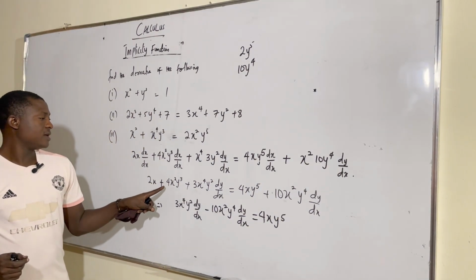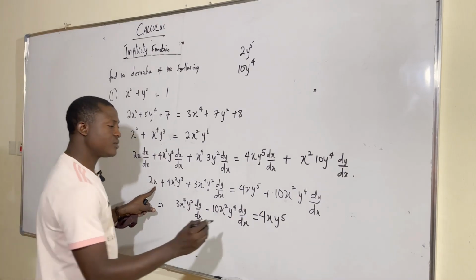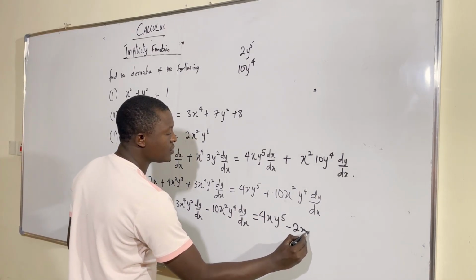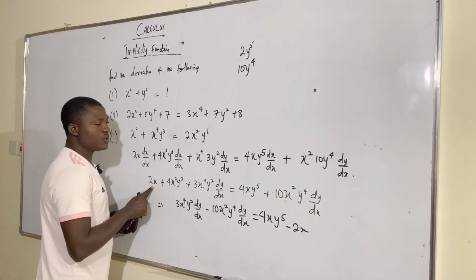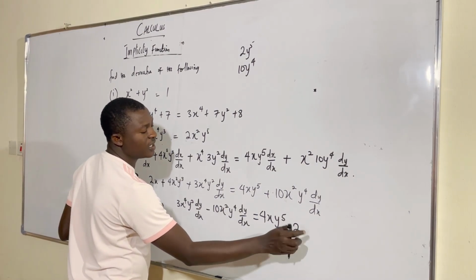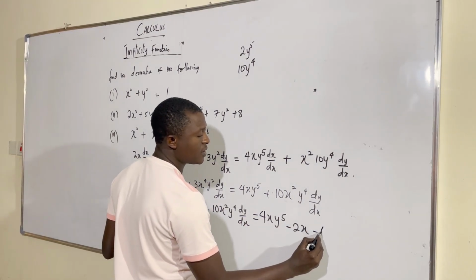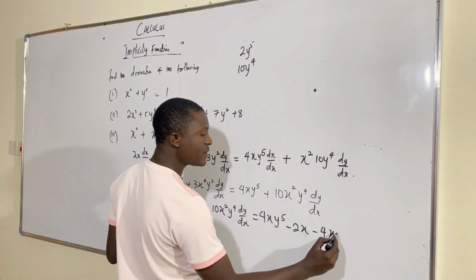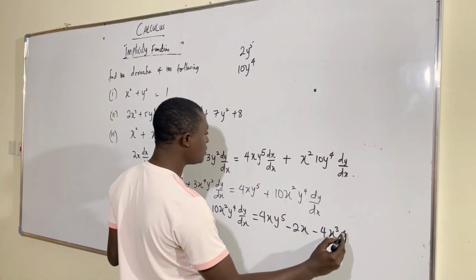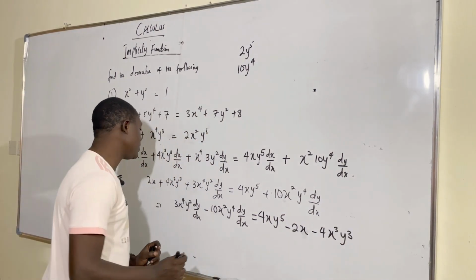So you can see this and this don't have anything. So I have minus 2x because this is positive; when it comes here, we are going to have negative, minus 2x. So this one too, we have minus 4x cubed y cubed. You get that?